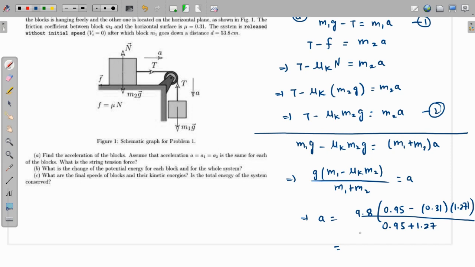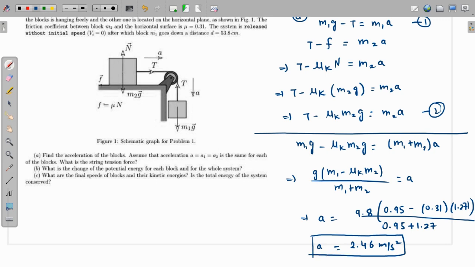So that's where the calculator comes in: 0.31 times 1.27, 0.95 minus this value, times 9.8 over 0.95 plus 1.27. So this value comes out as 2.46 meters per second squared. So that is the acceleration.